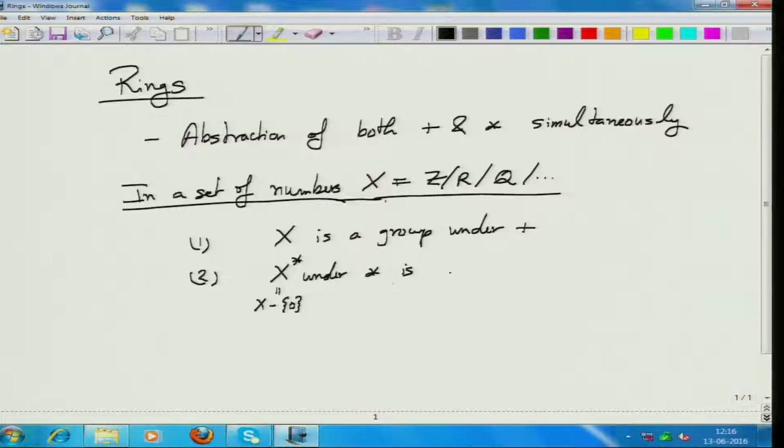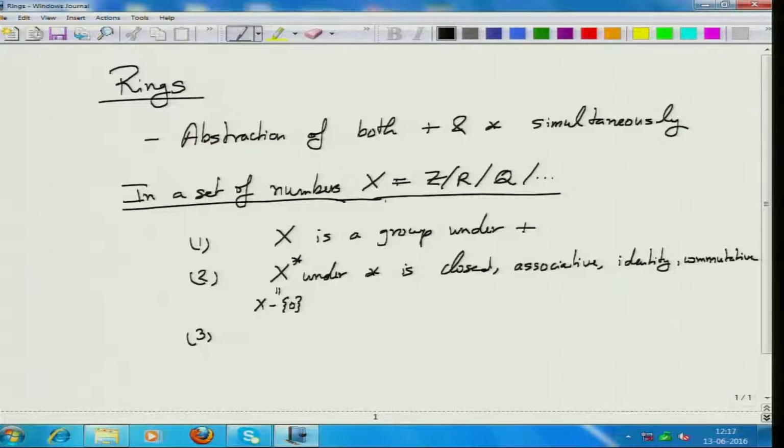Under multiplication, it is closed, it is associative, has an identity, and it's also commutative. The only property missing is the inverse. Okay. So that's the structure of these numbers under multiplication.